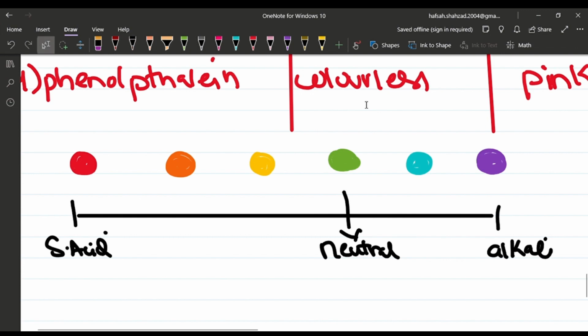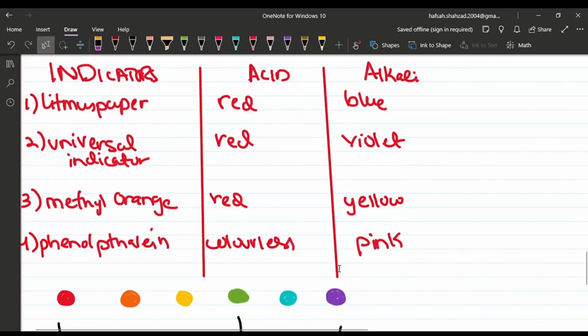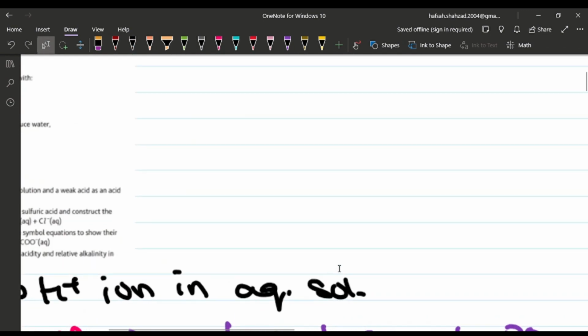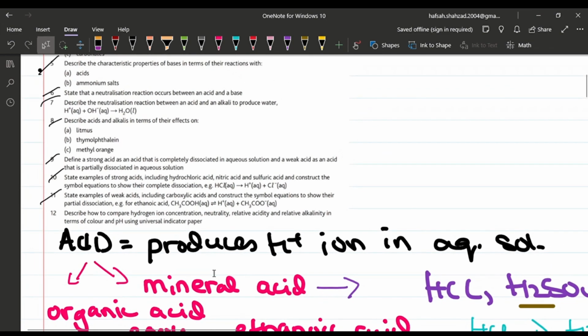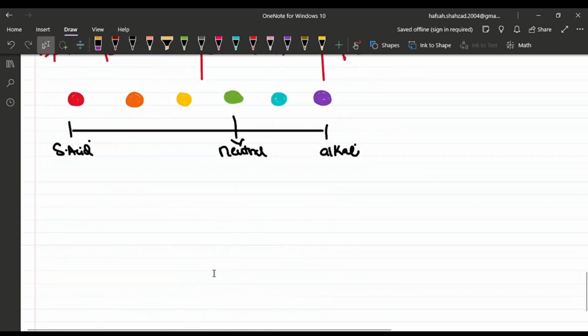So these are the color charts, and the last pointer was actually talking about the relative acidity and alkalinity based on universal indicator paper results.